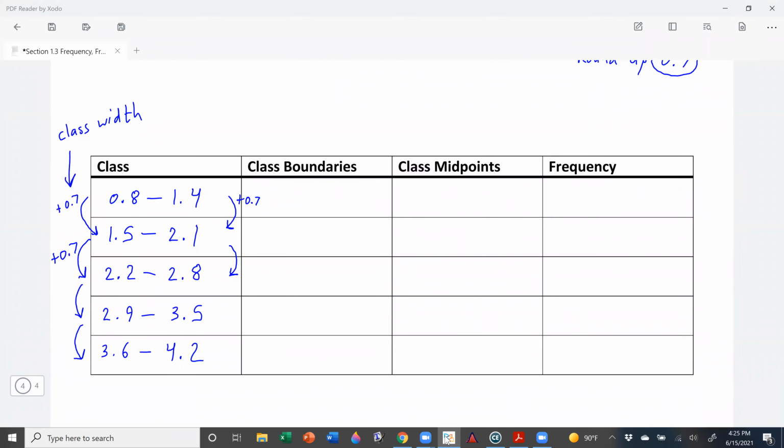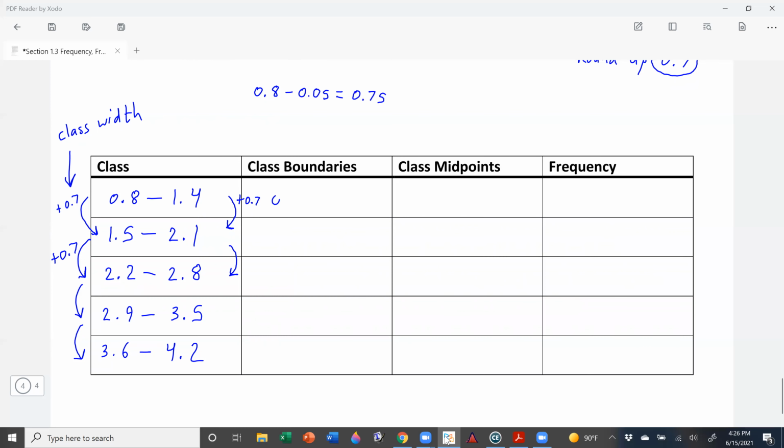So for the class boundaries, what we want to do is take the lower limit of 0.8, and we want to subtract, and maybe I'll write with different notation, 0.8 minus. We've got to go one more decimal place with the 5 than the data. So this is one decimal place out to the 8, so I need to go 2 decimal places with the 5. So we're going to go 0.8 minus 0.05, and we get 0.75.